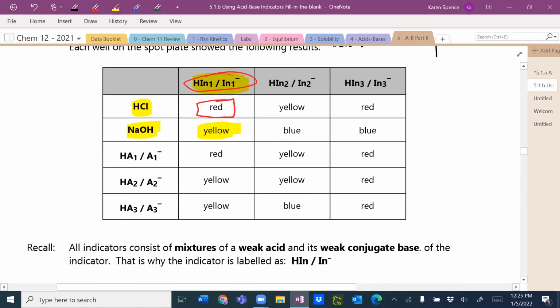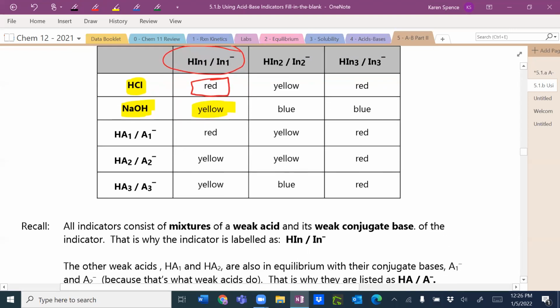Now, why do I have it written like this, where I've got this slash here? You know, I've got HIN1 slash IN1 minus. Well, that's because, remember, all indicators are mixtures of a weak acid and its weak conjugate base. And that's why we have that mixture HIN1 slash IN1 minus.